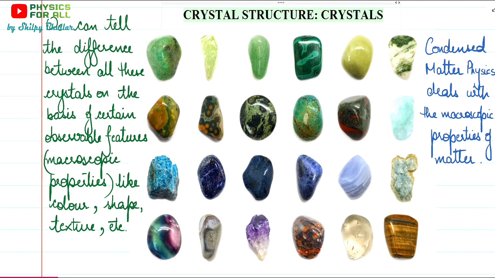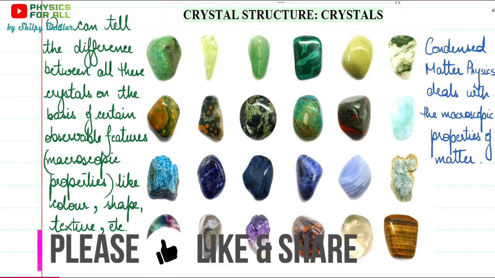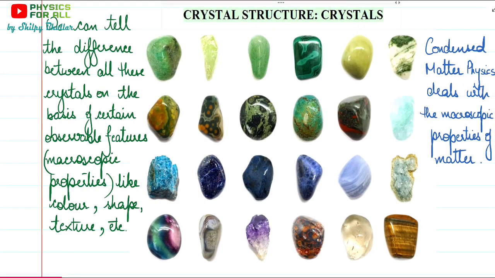So it deals with macroscopic properties of matter. Matter has different properties, electrical, optical, and so on. But in general, when we talk of macroscopic properties of matter, when we talk about its shape, color, composition, we are actually talking about the material of which the matter is made. I hope you can understand this statement.